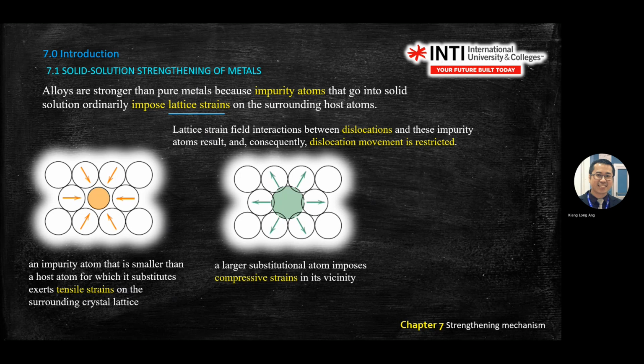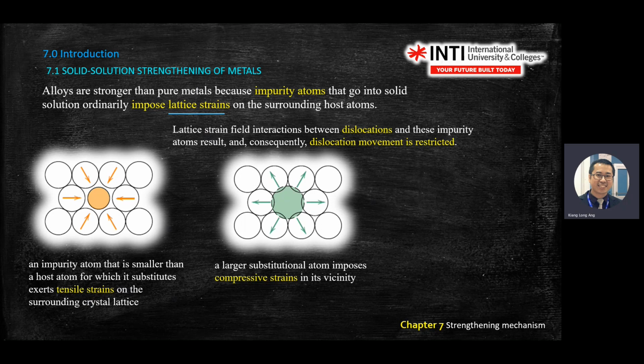So this on the left is the one with the smaller atom in the host. The middle one is the one that you saw just now. If the atom is a bit bigger, then you have compressive strain. On the left, you have tensile strain. What I mean by tensile is that you are pulling, right?